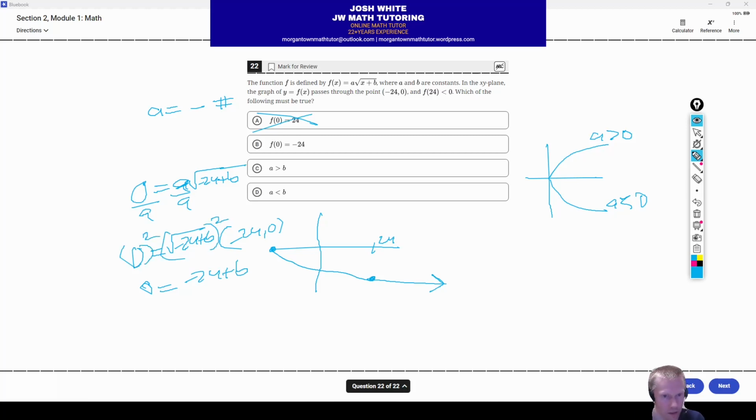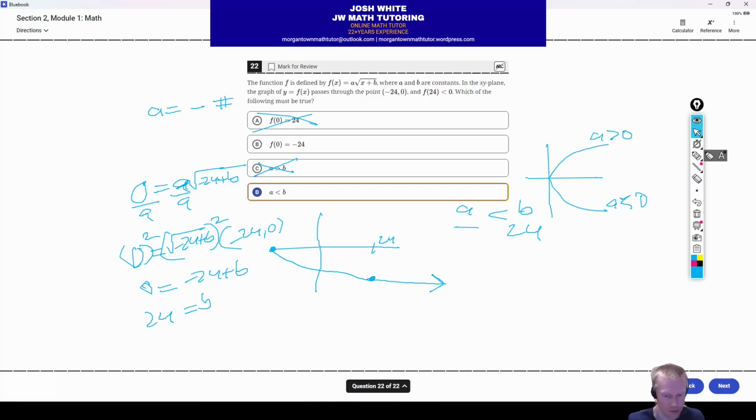Now if you solve this for b, in this specific problem, b has to equal 24. So a negative number, a, is always going to be less than b, which has to be positive 24. So the correct answer for this one is going to be letter D. It's possible that the y-intercept is negative 24, but it doesn't have to be that, based on the specific values of A and B.